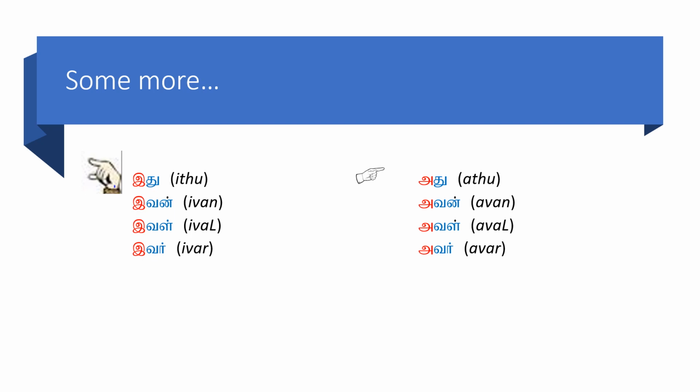In the same way, when we are referring to people, we use ivan, ival, or ivar to denote someone who is nearby, and avan, aval, or avar to denote someone who is at a distance. So just remember, it starts with e if it is closer, if it is here. It starts with a if it is at a distance, there.